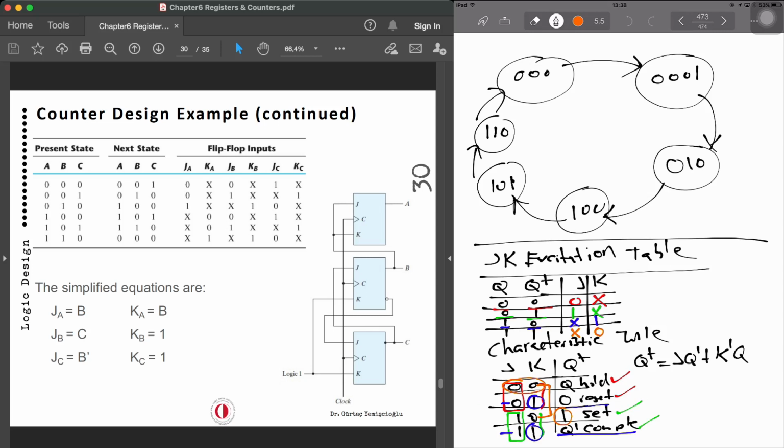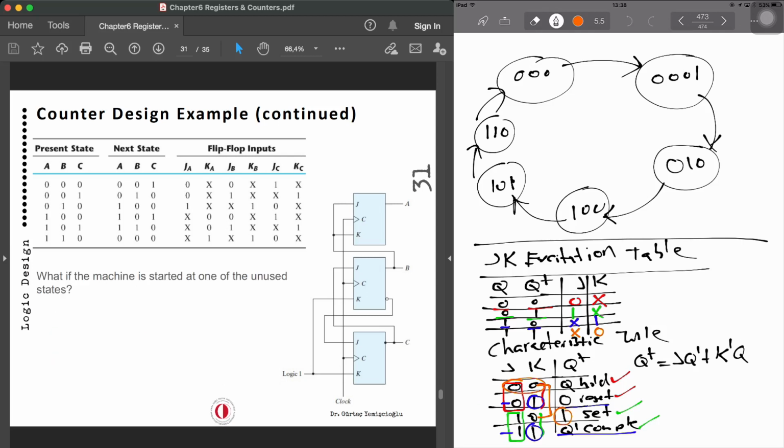Now, the question here is, if these states that we have got, and we have got the unused states 0, 1, 1 and 1, 1, 1, what if the machine started from an unused state? So for example, if it started from 0, 1, 1 or maybe 1, 1, 1.